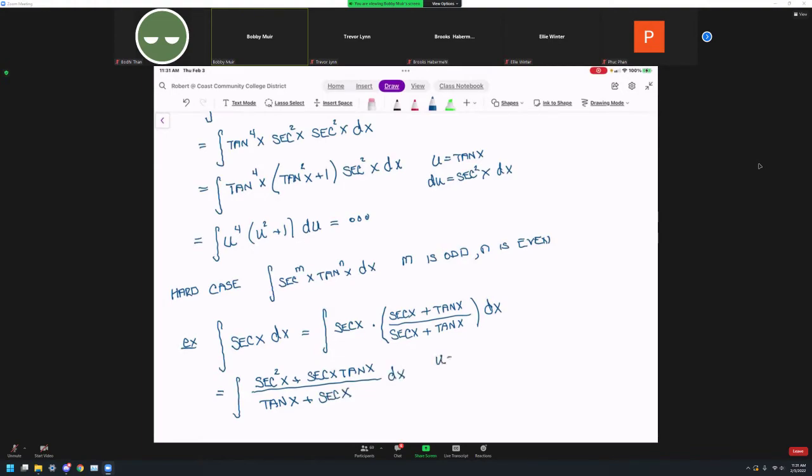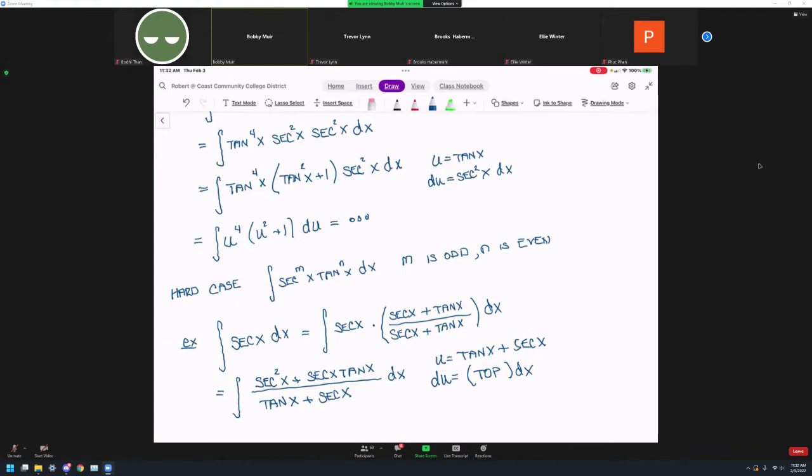So if you were to let u be the bottom, then du is just going to be that entire top times dx. The derivative of tan is secant squared, right? The derivative of secant is secant tan.